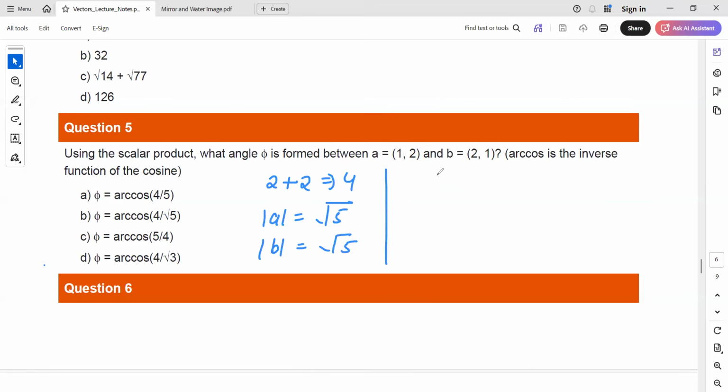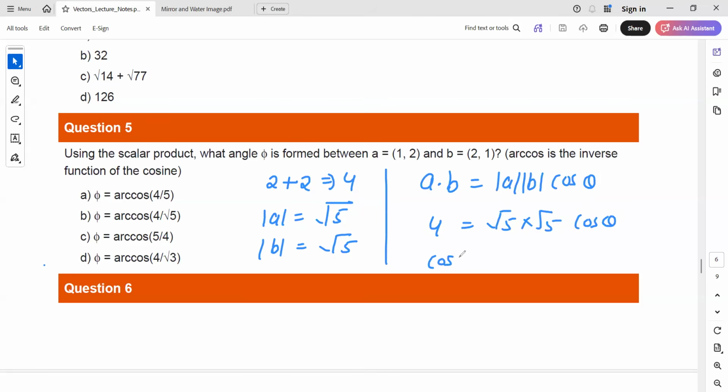Clear? So we know the formula A dot B equals mod A, mod B, cos theta. A dot B is 4, mod A is under root 5 into under root 5 cos theta.